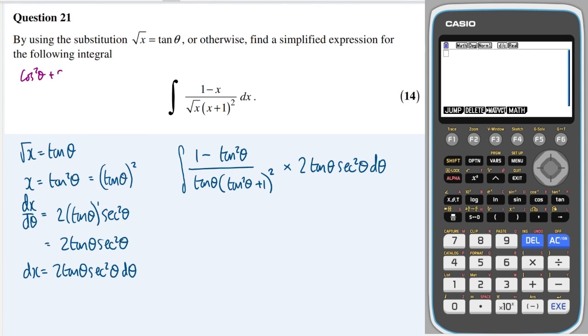So if I start off with cos squared plus sine squared equals 1, and if I divide through by cos squared, then I'm going to get a sec squared here, and in doing so I have to divide through here by cos squared as well, and this will give me 1 plus, and that will be a tan squared. So tan squared plus 1 is sec squared.